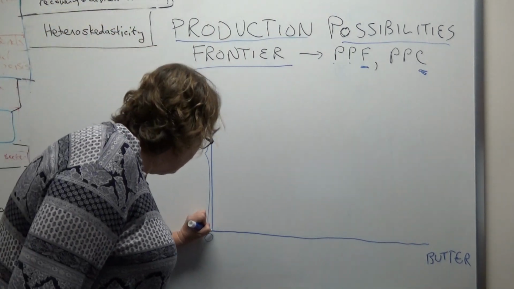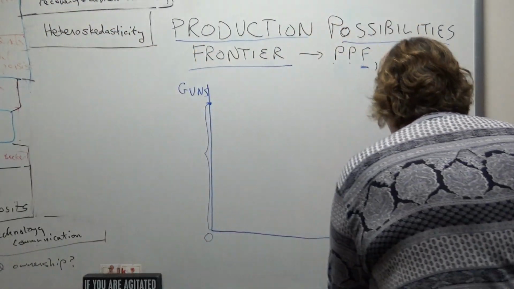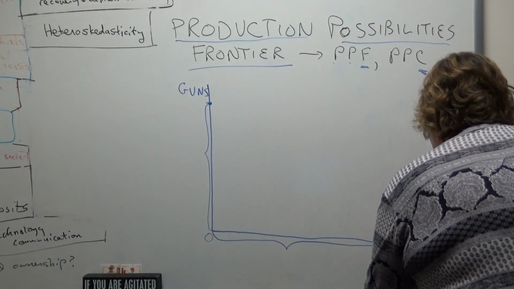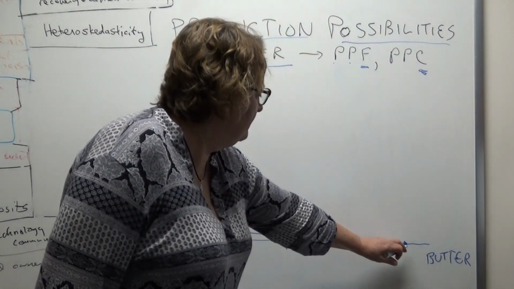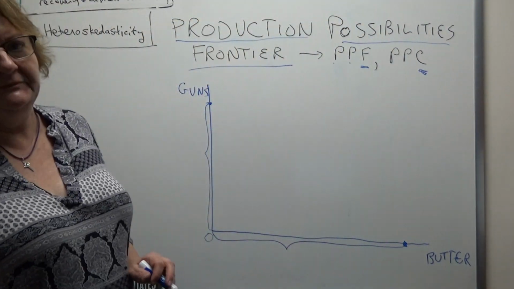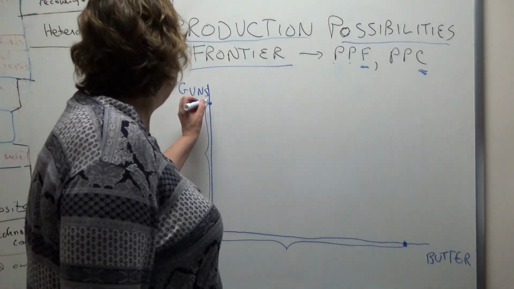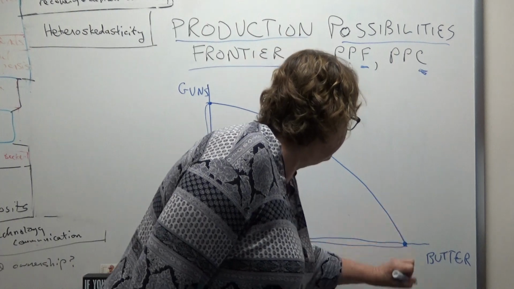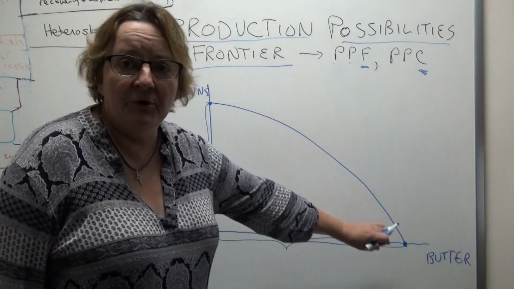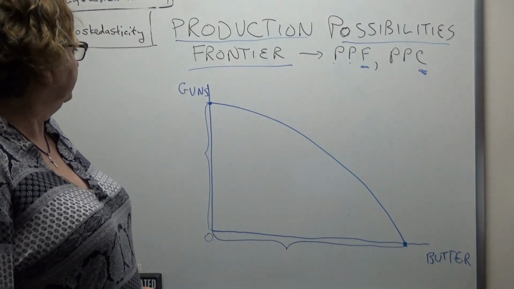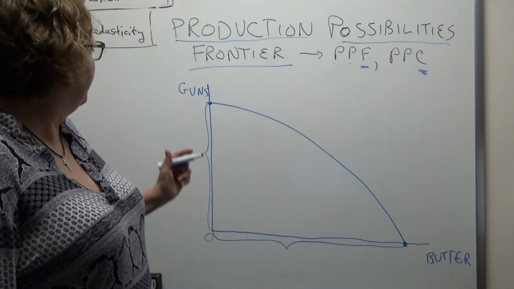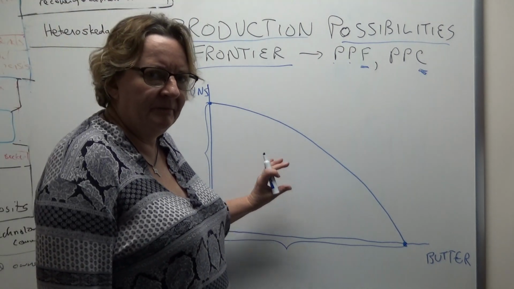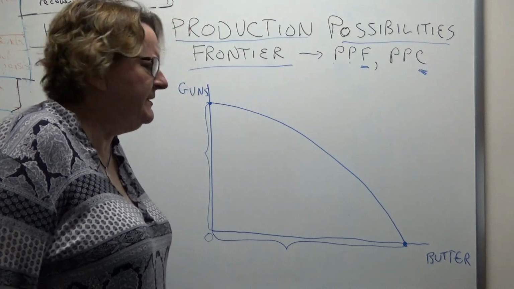And there's going to be some amount of butter that can be produced. Let's say it's over here. That could be produced, this point, if we produce no guns. And there will be a trade-off. And we're going to find that in real life, it's a curve, a bowed curve, as you see. Outwardly bowed.